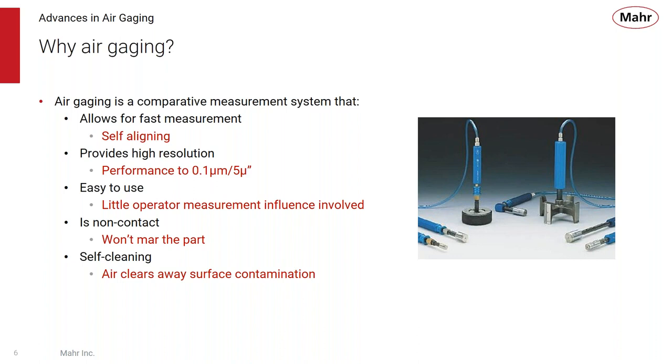Air gauging is non-contact, which means that the actual measurement isn't made by contacts, but of course, the body of the plug is apt to touch the dimension that's being measured, but the sensing part is non-contact. And because that sensing is air and the back pressure in the air, it tends to clear away any liquid surface contamination. So it's great to be used at the point of manufacture.